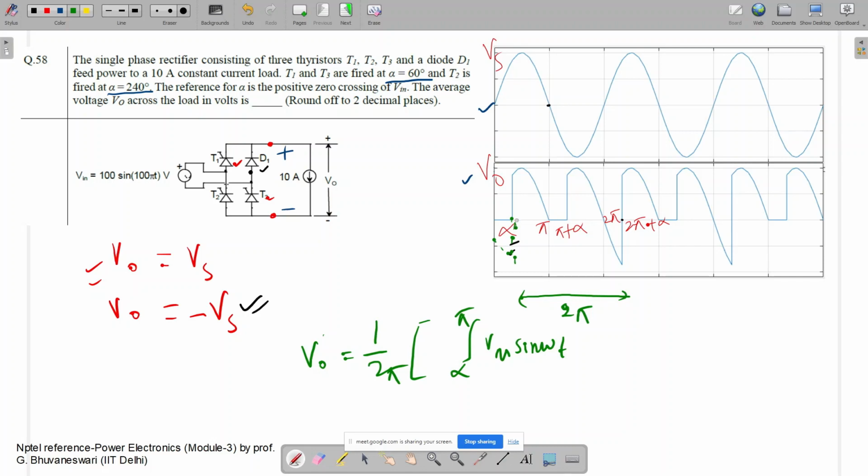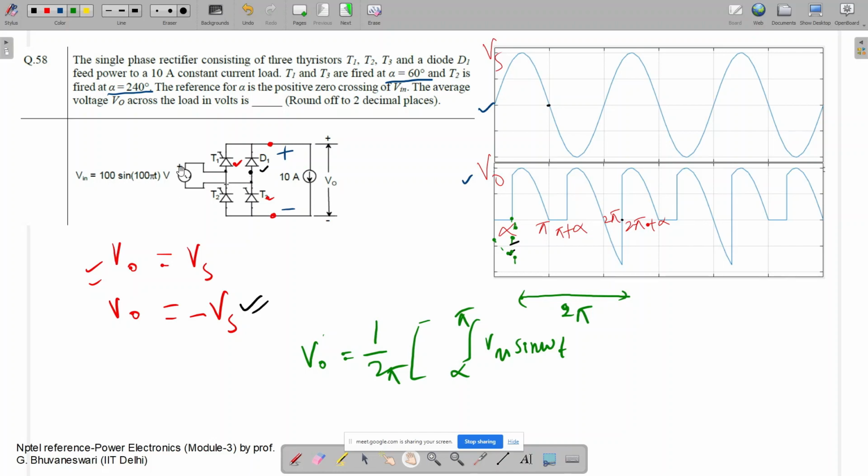So see, at alpha we are firing T1 and T2. When T1 and T2 are fired, this point will be connected to this point, and this point will be connected to this point. So here the same source voltage will come at output. When this is conducting up to pi, at pi the voltage will become positive.